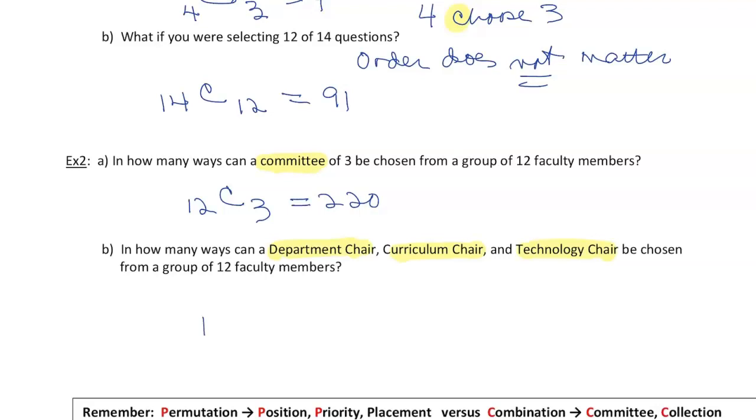So in the same situation, I have 12 faculty members, but I'm going to place 3 because order matters. Now, what do you think is going to happen? If order matters and you have the same N and the same R, your possibilities are going to go up. And that's exactly what happens if you put it in the calculator.